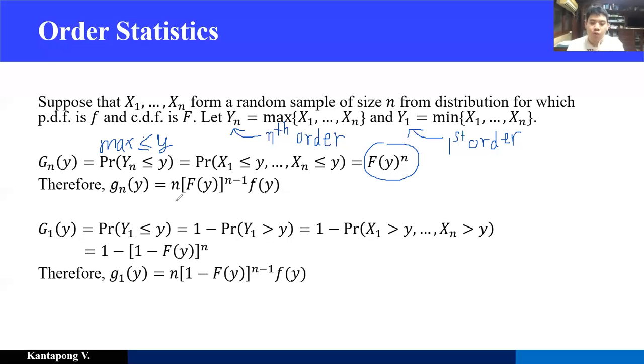The same holds true for the minimum, but here we have to be a little bit adaptive. If the minimum is less than or equal to y, that means the others are greater than or equal, but we could not use this information. That is, we're going to switch into 1 minus the probability that Y1 is greater than y, that is, X1 up to Xn all greater than y.